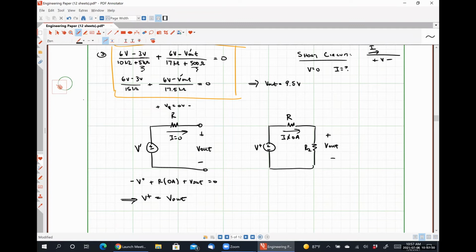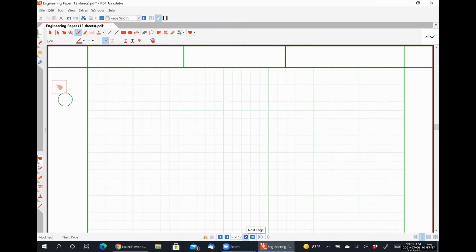Okay. Let's talk about some common op-amp circuits. Circuit number 1.